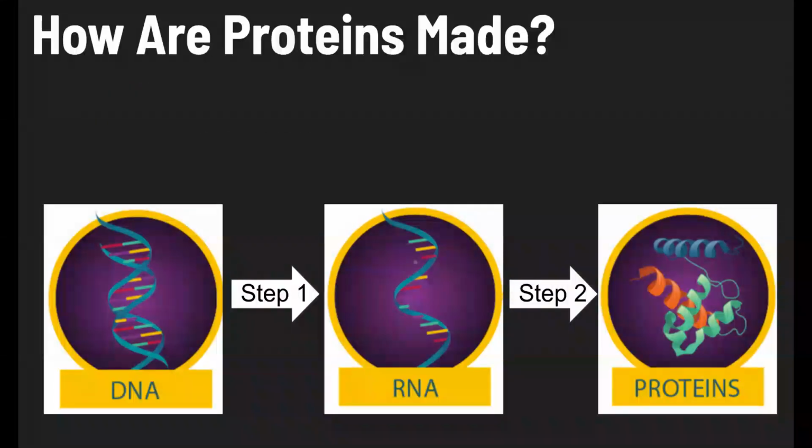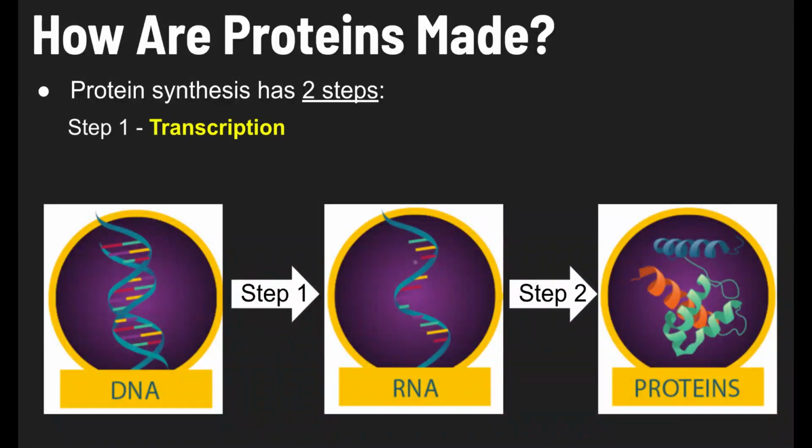All right, so how exactly are proteins made? This is the big picture. There are basically two steps of protein synthesis. In step one, you go from DNA to RNA, and that step is called transcription.